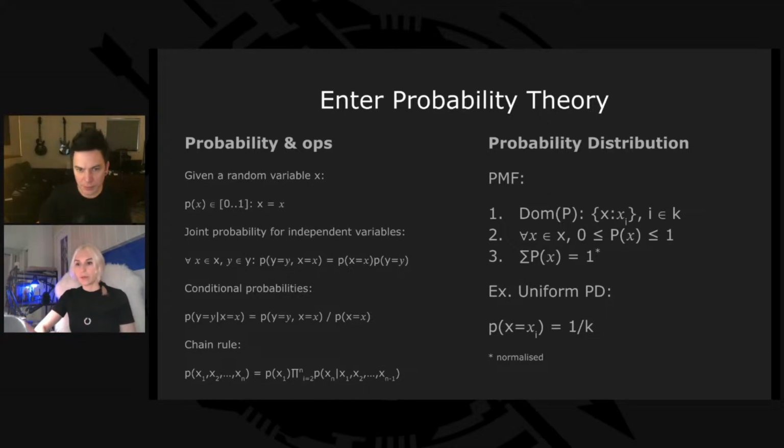Probability theory has 2 sides that are relevant to our further discussion. First is, what is a probability? Given a random variable x that can assume various values, a probability is a rational number within the range of 0 to 1, which represents the likeliness of that variable taking a specific value.